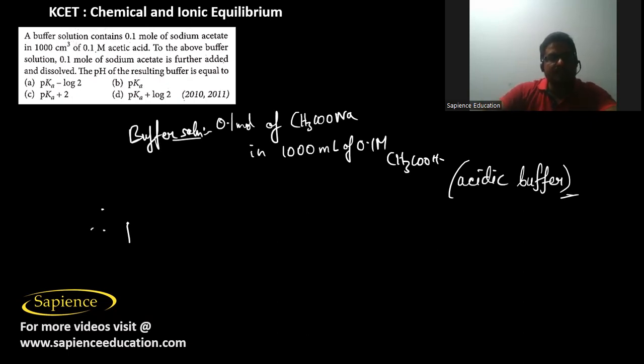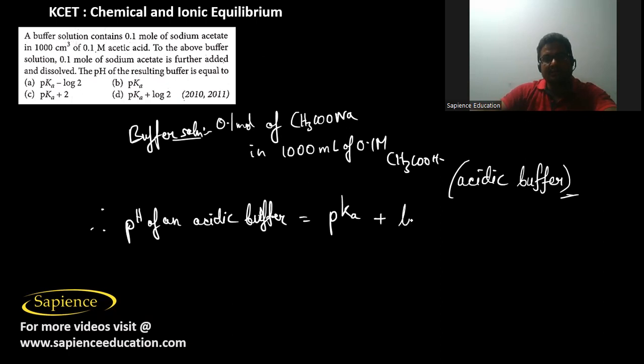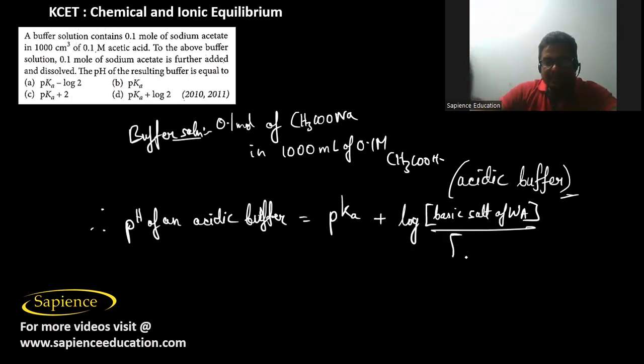So now, the pH of an acidic buffer is given as pKa of the weak acid plus log of concentration of the basic salt of the weak acid divided by the concentration of the weak acid.